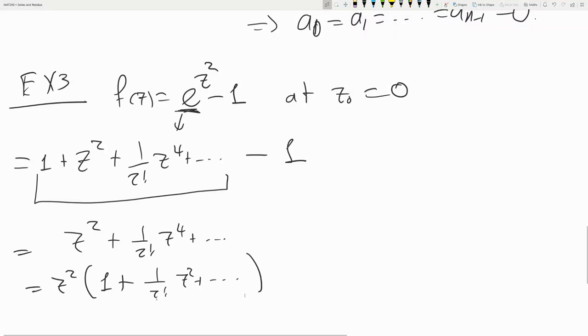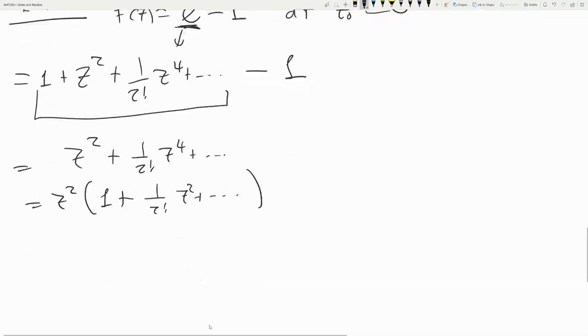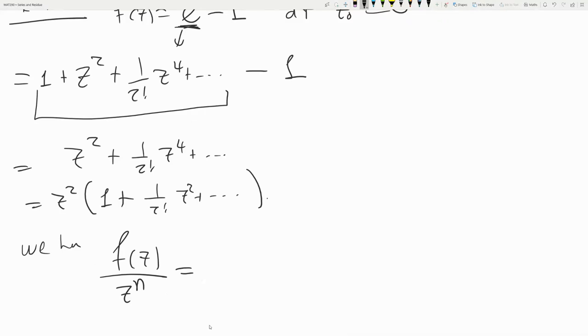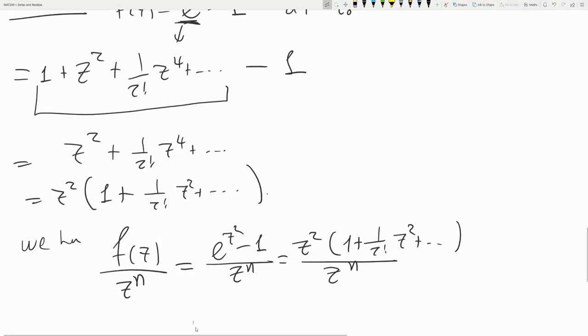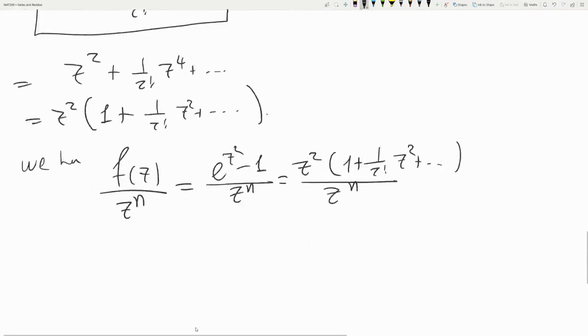Now coming back to our question, we have f of z divided by z to the n. So this is e to the z squared minus 1, and it's z squared times (1 plus ...) over z to the n. So once again, what do we have?